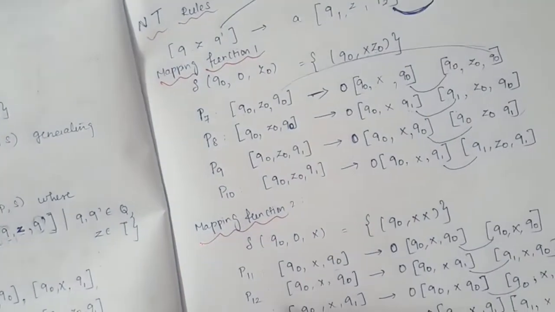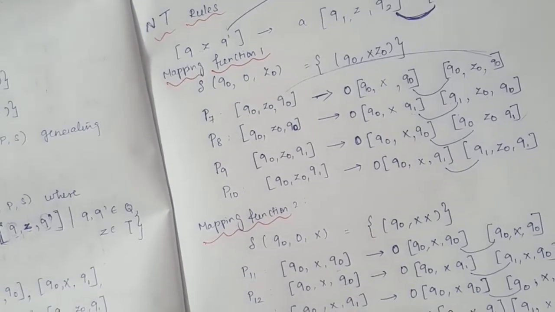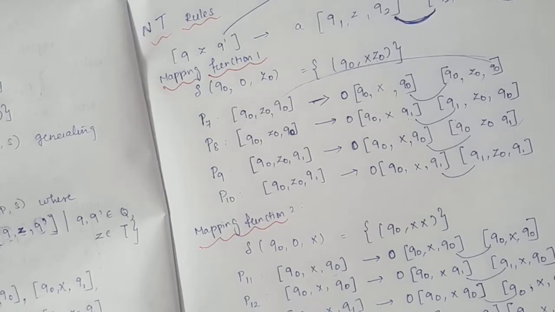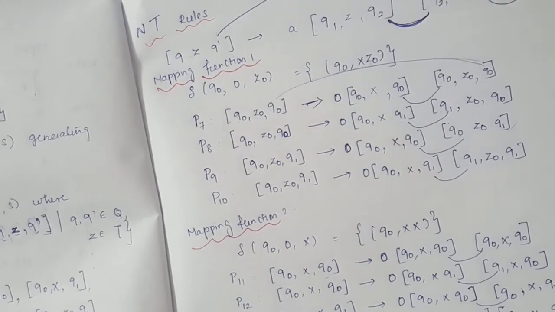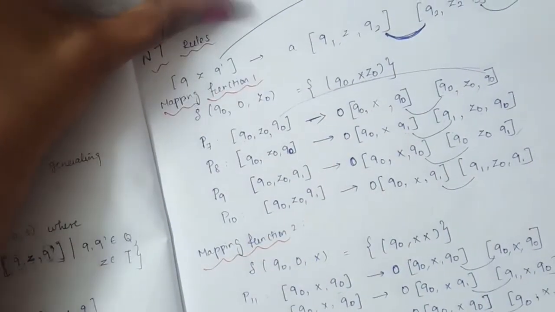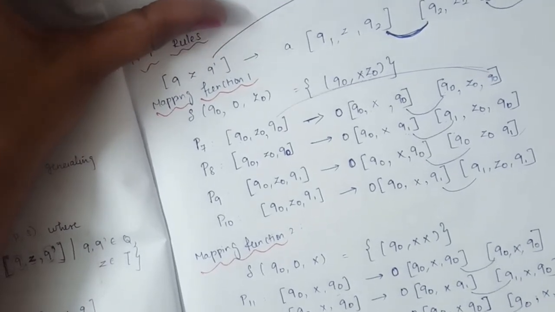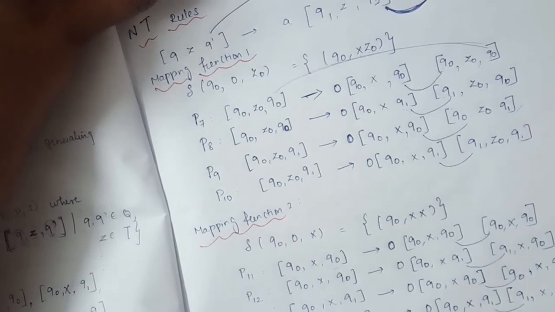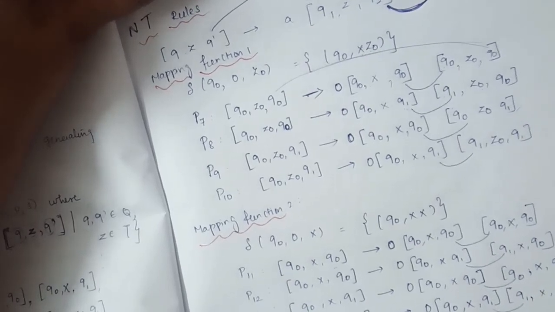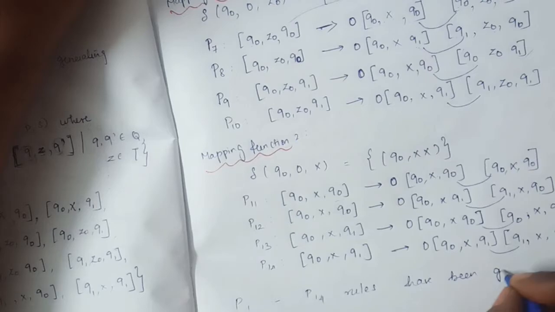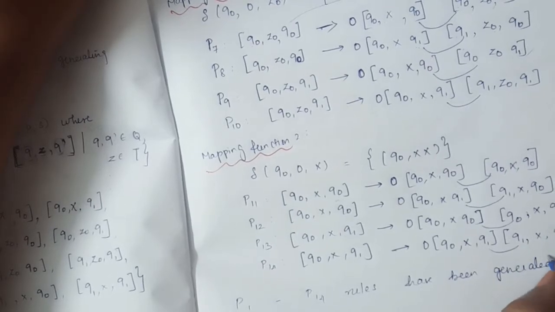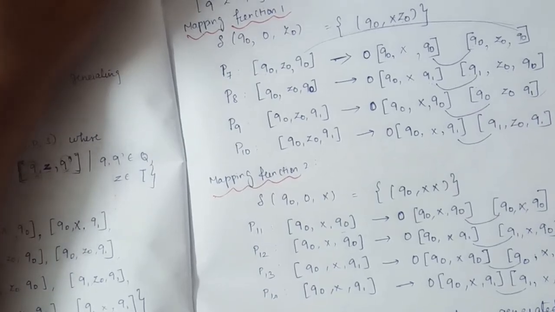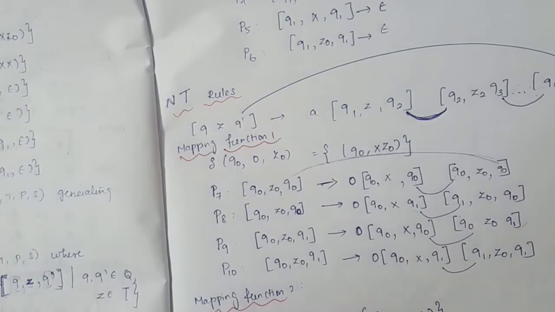So now we have generated P1 to P14 rules. Whenever we have to see the production, we have to keep the production.